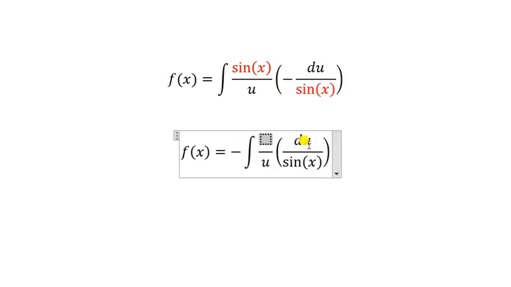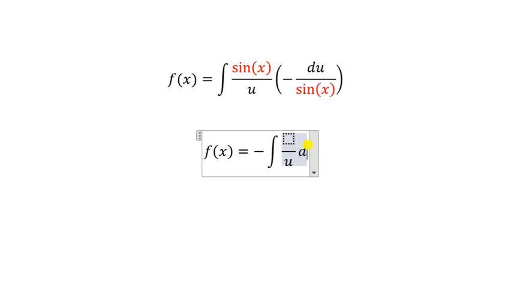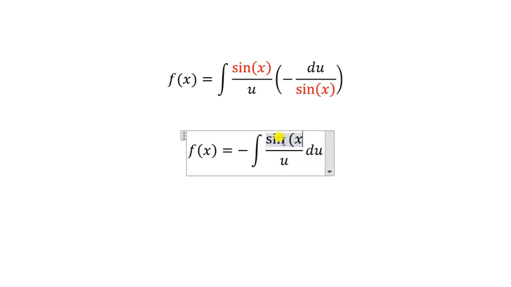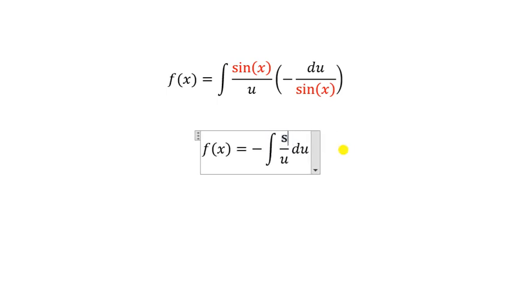Let's get rid of all of this and just keep the du, and let's write a 1 here, right? 1 over u du, because we divided them and it equals 1.